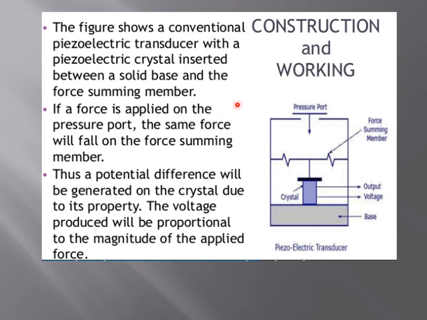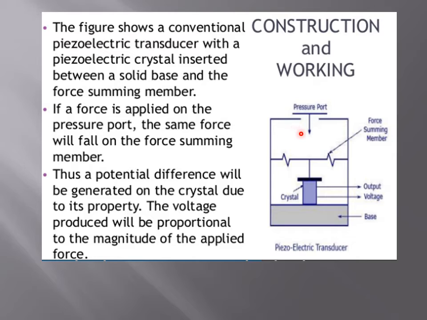Now we will see the construction and working of a piezoelectric transducer. This figure shows a conventional piezoelectric transducer with a piezoelectric crystal inserted between a solid base and a force summing member. This is the piezoelectric crystal. It is sandwiched between a solid base and the pressure producing device.